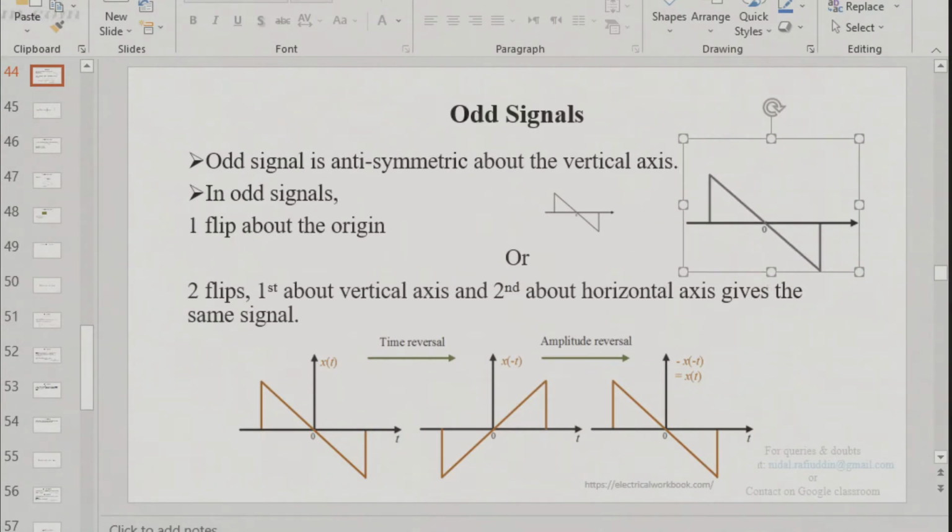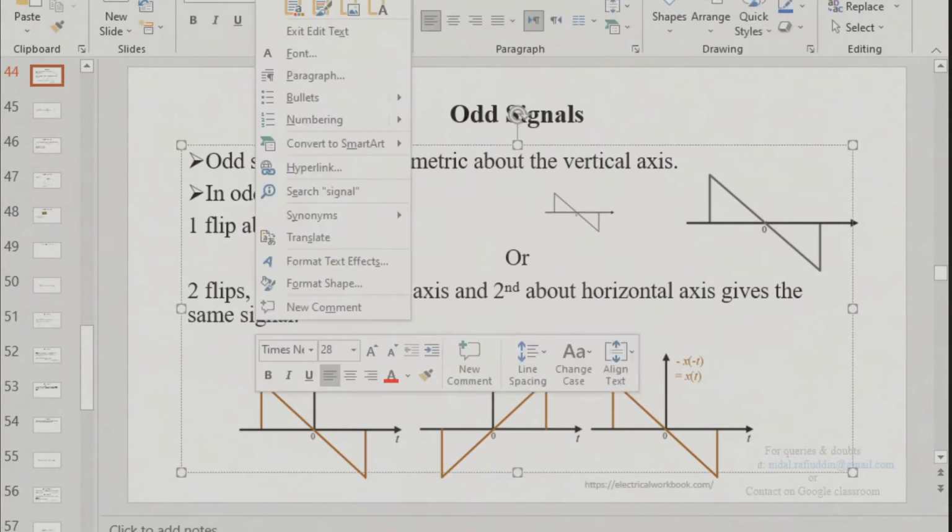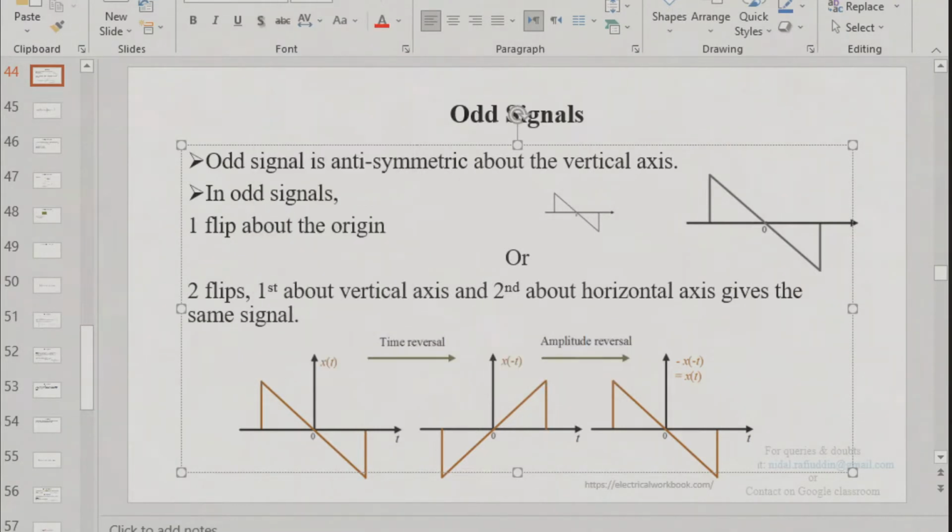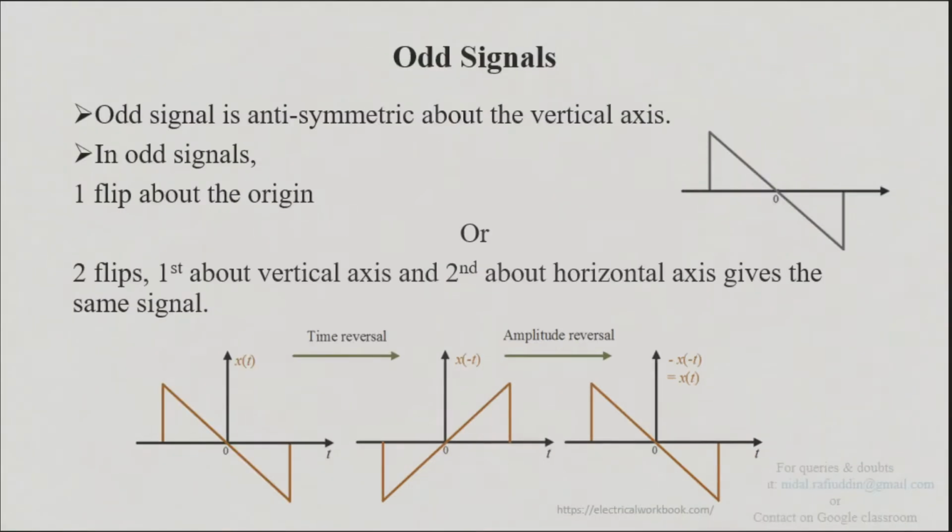And the second says, if it is flipped about... Okay, never mind. The second says that if we flip the signal about the vertical axis and second about the horizontal axis, we will be flipping this two times.